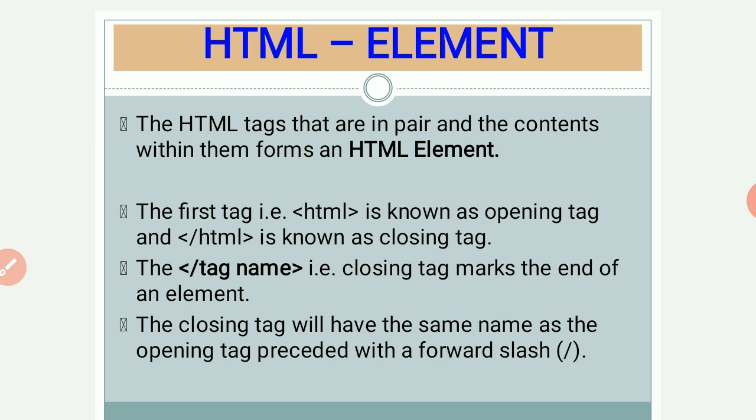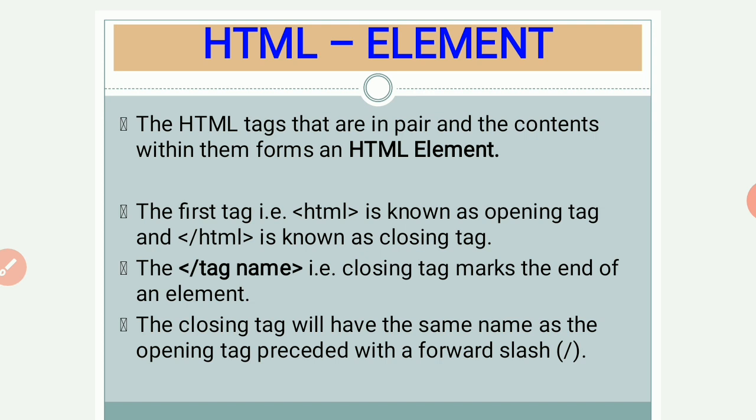The HTML tags that are in pairs, with an opening and a closing tag, and the contents within them form an HTML element. The first tag, that is HTML, is known as the opening tag, and the tag with slash HTML, or slash and the name, is known as the closing tag.